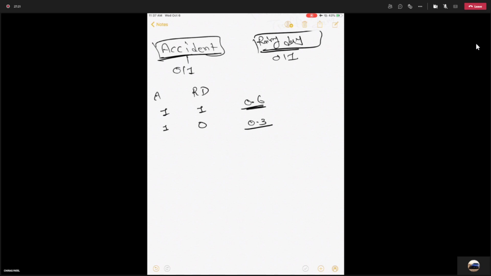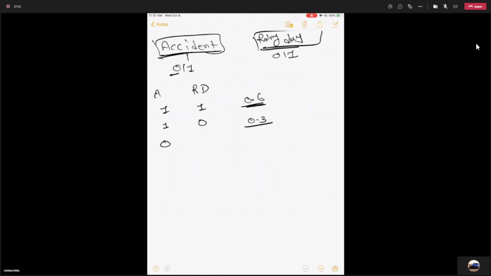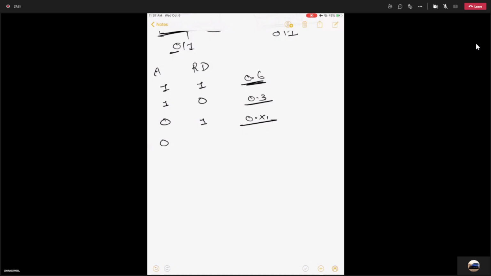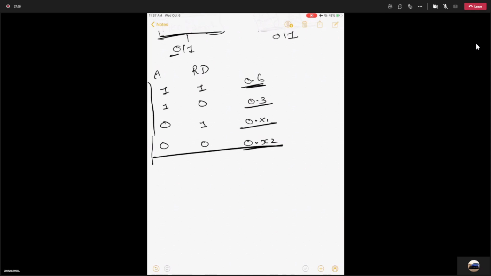Now there is no accident on the road, but there is rain, and there is a certain probability x1. Now still you don't have an accident and there is no rain, then also you have probability x2. So this node has four probability values.